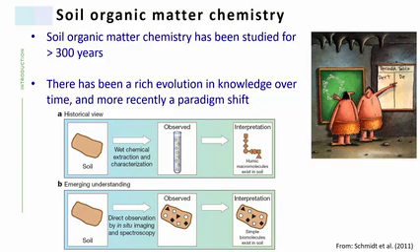In the late 1990s, with improved techniques such as NMR, high-resolution mass spec, et cetera, researchers were actively probing the chemistry of soil organic matter using these advanced techniques. None of these techniques could actually find any evidence for humic substances. So this is the paradigm shift that I'm talking about. The modern understanding of soil organic matter is that it's a complex mixture made up of identifiable biomolecules.